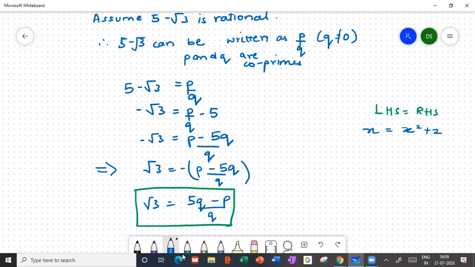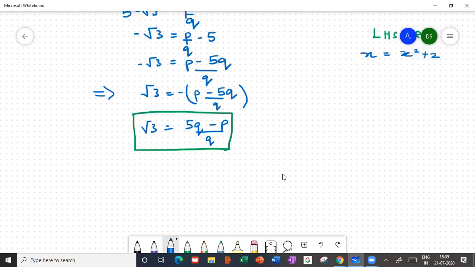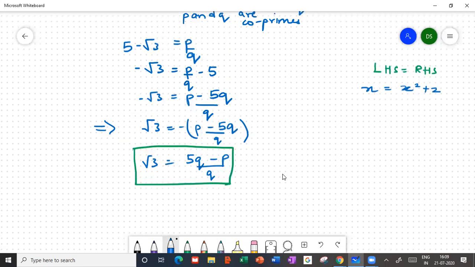So now if you look at the equation, LHS is root 3, and you already know that root 3 is, sorry, irrational, isn't it? Root 3 is irrational, correct? But I am saying that the equation 5 minus root 3 is written as p by q, where p by q is rational.